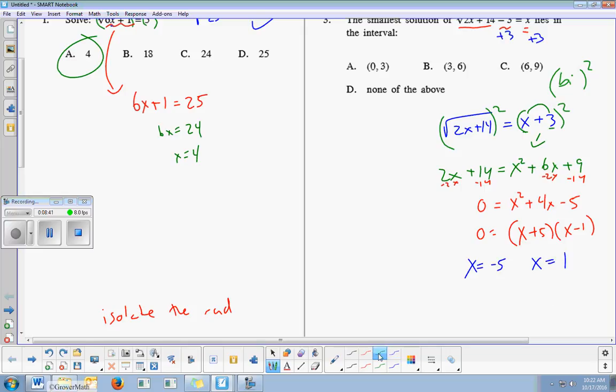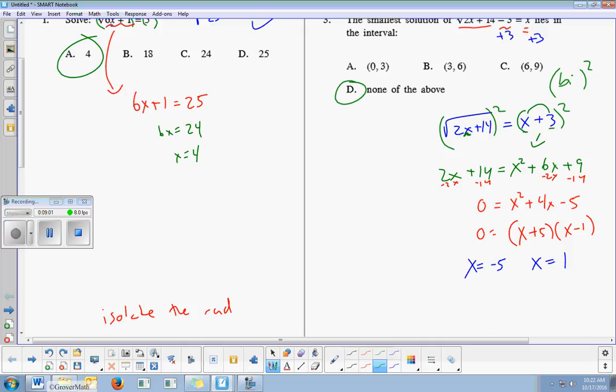And especially when you have two answers, you want to see if they both work. Now looking here, neither of these are choices, so I'm guessing the answer is none of these. But we could plug them in to see if they do work. If I plug in a negative 5 here, that would be negative 10 plus 14 is 4.